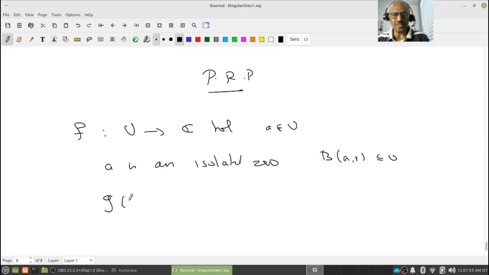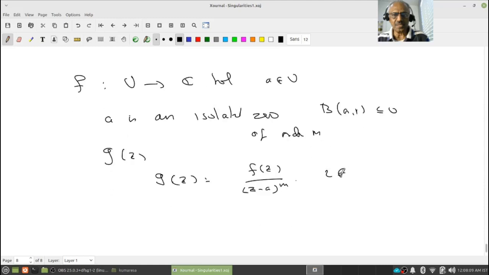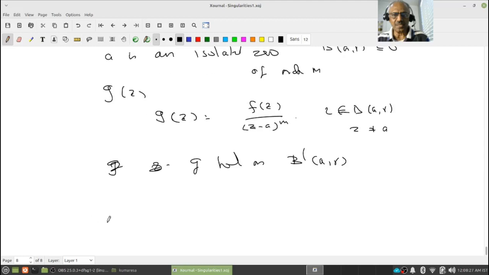Let us look at the function g defined by g(z) = f(z) / (z - a)^m for z in B-bar and z not equal to a. Then g is holomorphic on B'(a, r) and z = a is an isolated singularity.